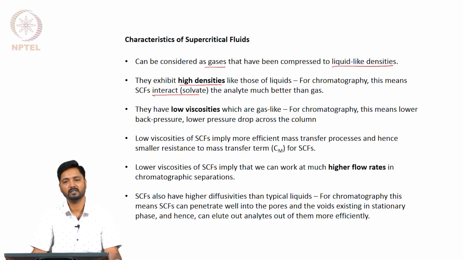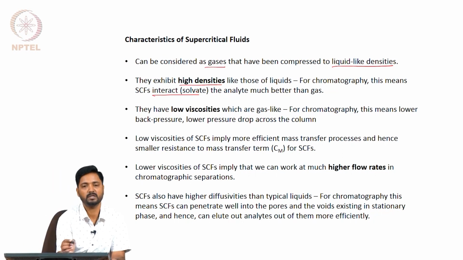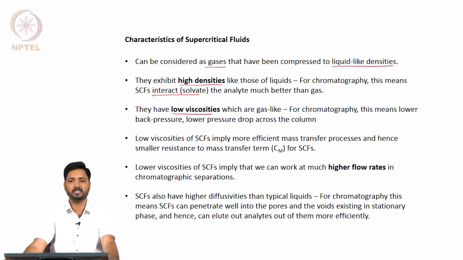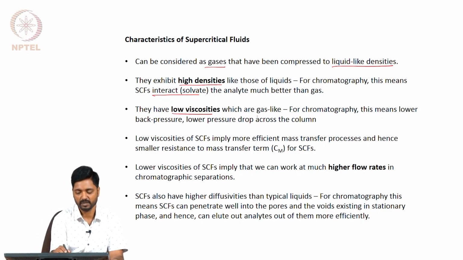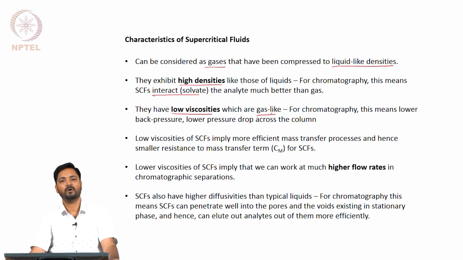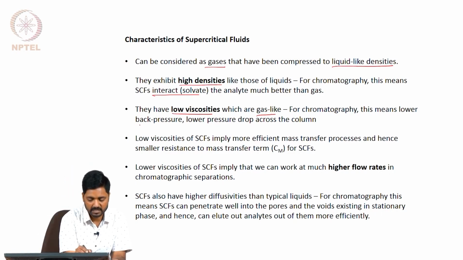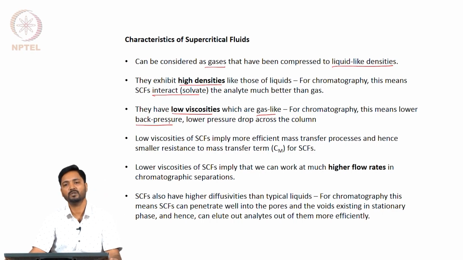Another aspect that is of use to us is that the supercritical fluids have low viscosities, and these viscosities are more like those of the gases. For chromatographic utility this is an important aspect, because low viscosities directly relate to low back pressures being generated, because the resistance to the flow of this medium is much less.